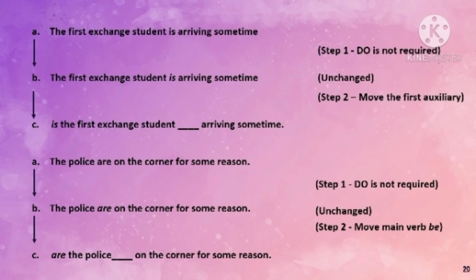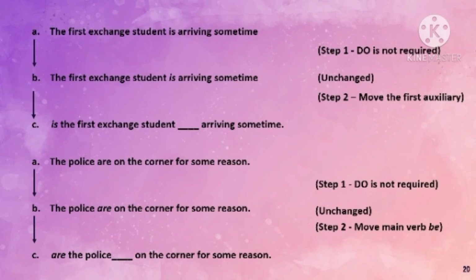The second step is to move the first auxiliary, and we have the question: is the first exchange student arriving sometime? And let's proceed to the fourth example.